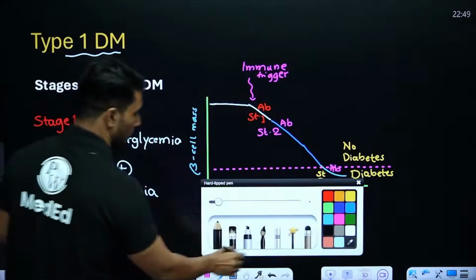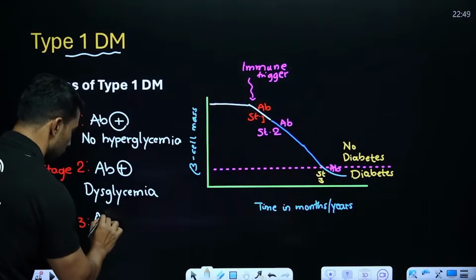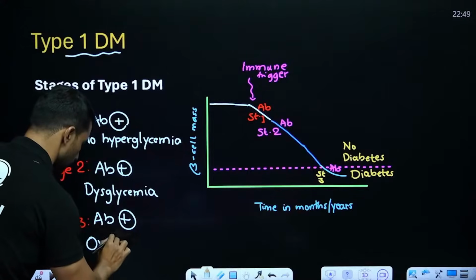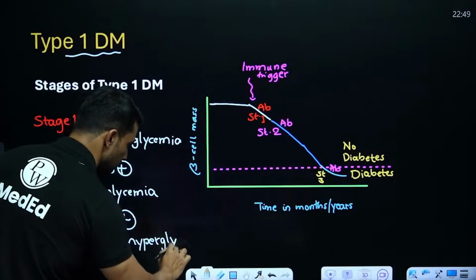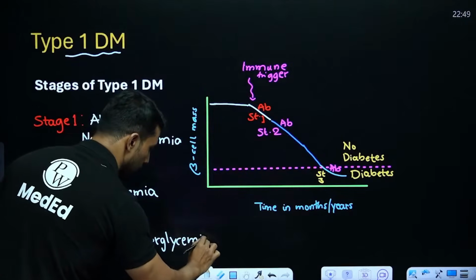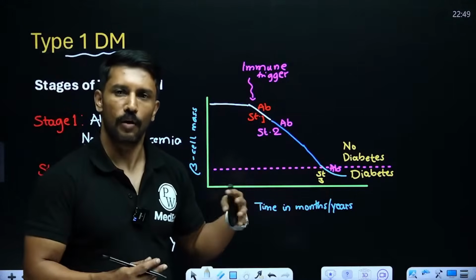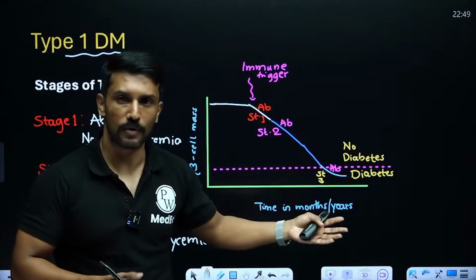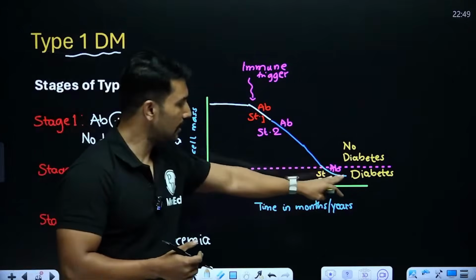So in stage 3, antibodies will be there and I will have overt diabetes. Now the blood glucose levels will be in the range where you can comfortably diagnose it as diabetes. Fasting may be more than or equal to 126, or post-prandial oral glucose tolerance test values will be more than or equal to 200, or HbA1c more than or equal to 6.5. I will reach in stage 3.